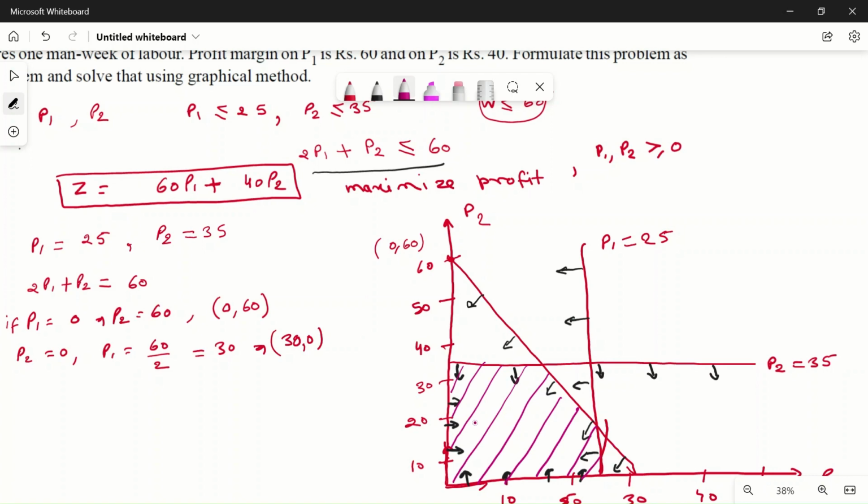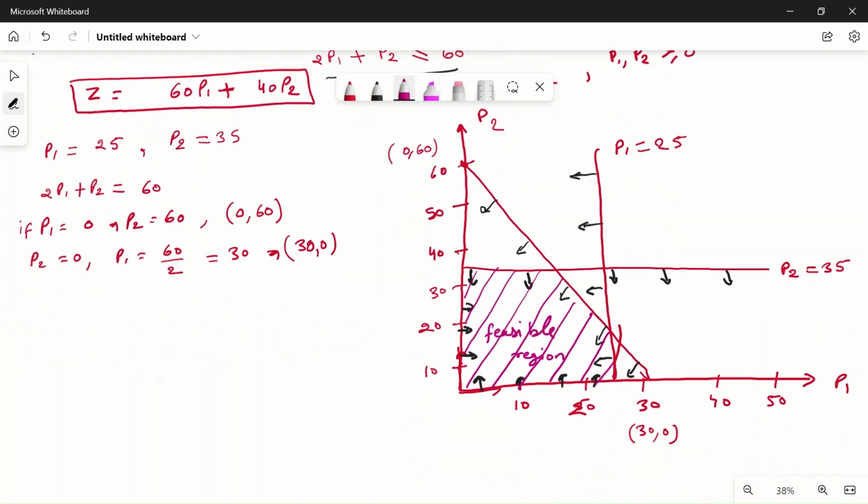So this is the feasible region, means in this region we will find the feasible solution, but we have to maximize the profit, so we have to look for the extreme points. So extreme points are, suppose this is A, this is B, this is C, this is D, this is E.